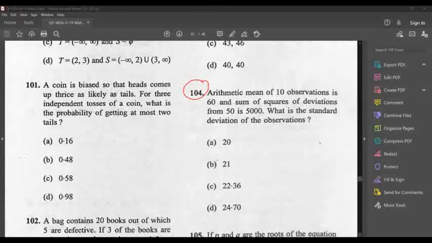Okay, so did you get the answer? Did anybody get the answer?